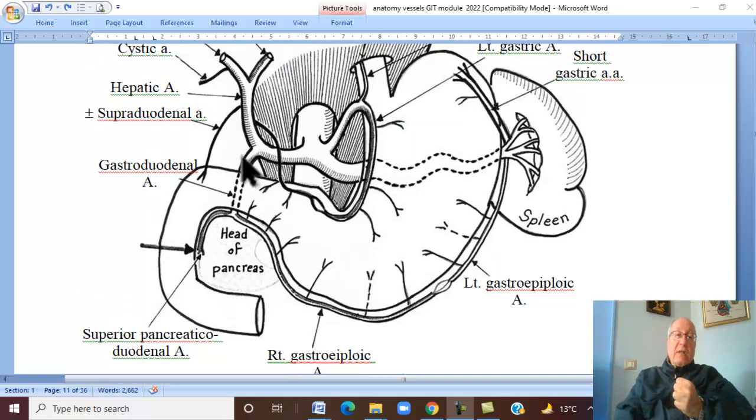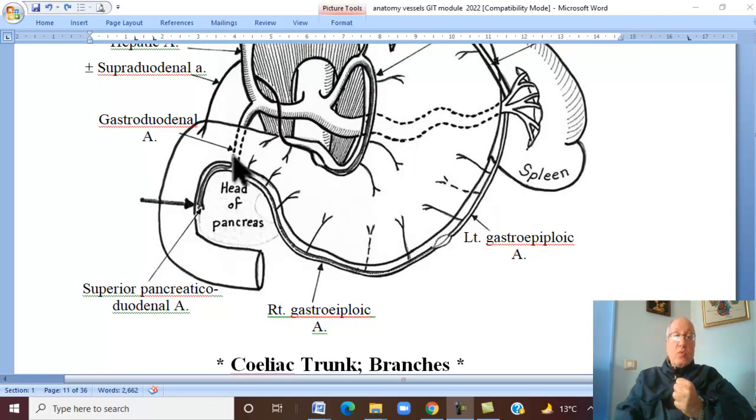The gastroduodenal artery is called gastro because it gives the right gastroepiploic. It is right because it passes on the greater curvature from right to left. Gastro because it gives gastric branches. And epiploic because it gives downward branches to the greater omentum, called the epiploic branches.